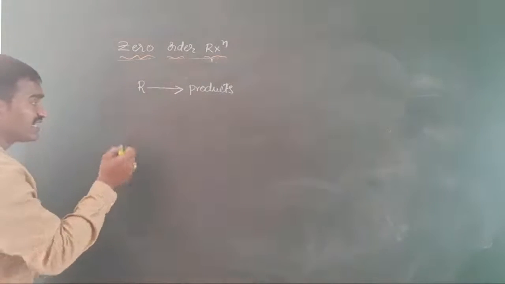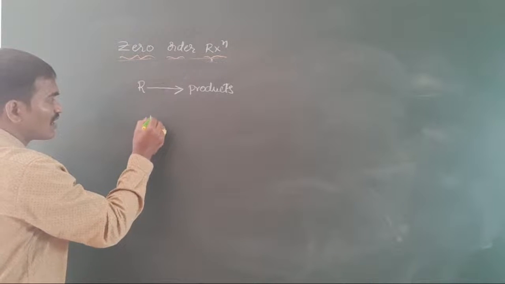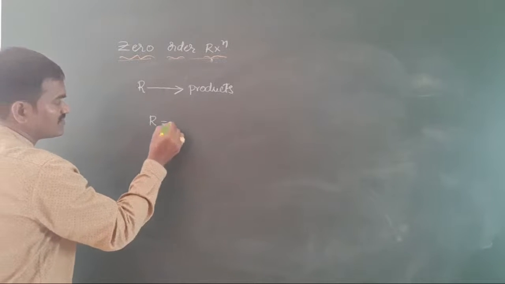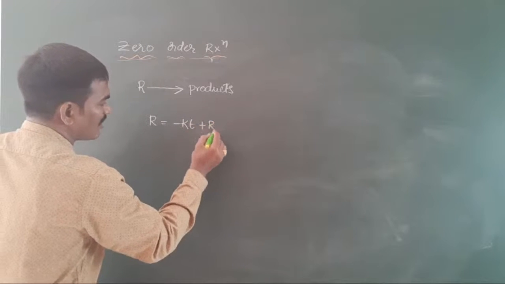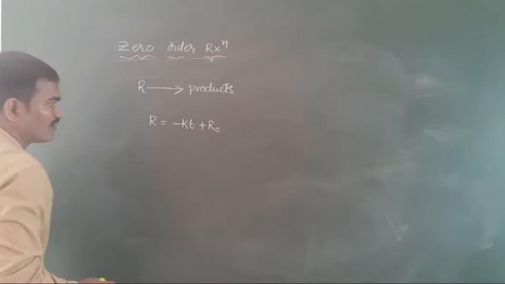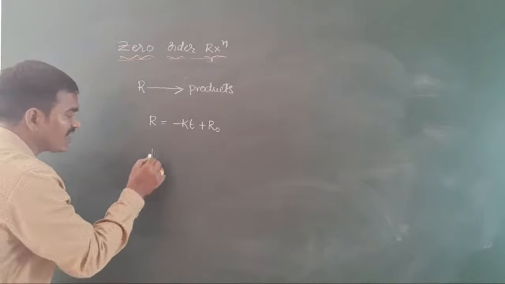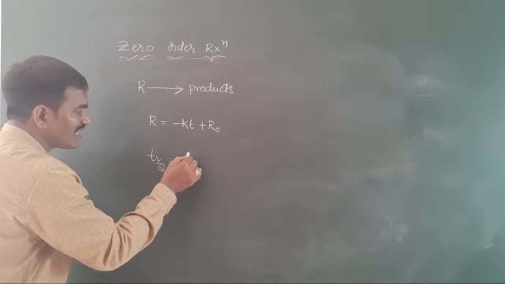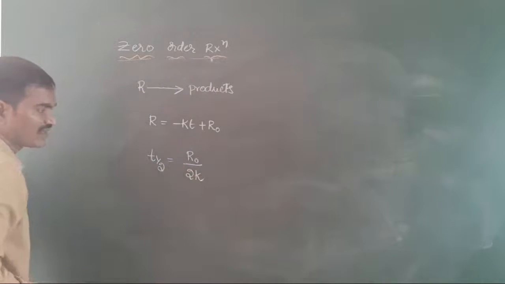What is the integrated rate equation for this? R is equal to minus kt plus R naught. This is the integrated rate equation. And next one, t half is equal to R naught by 2k. Have you got it?